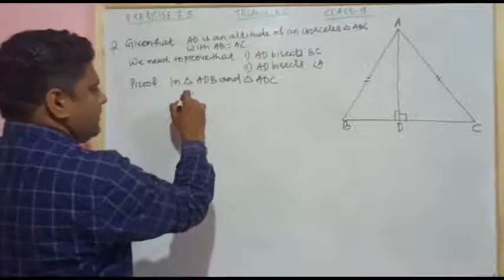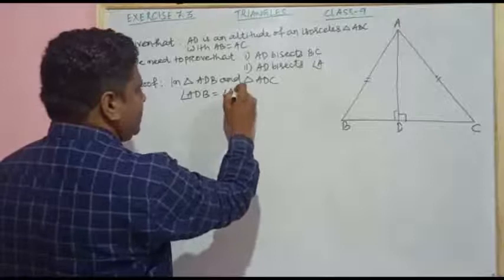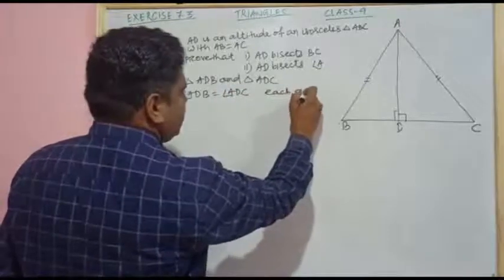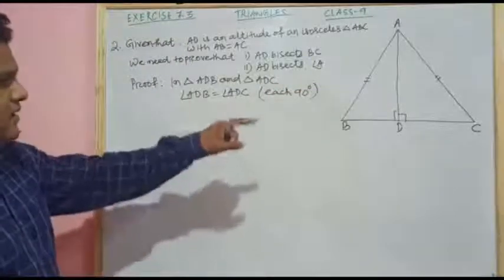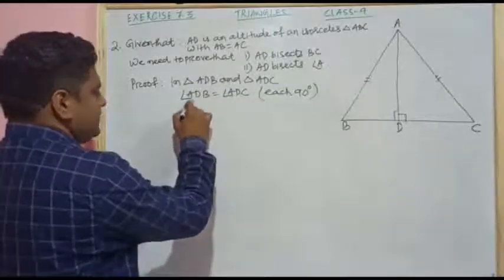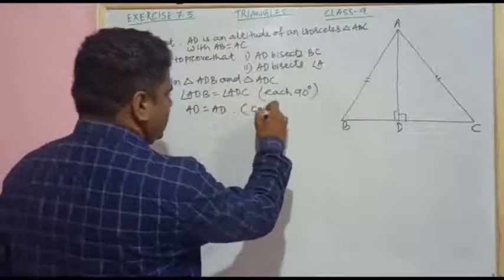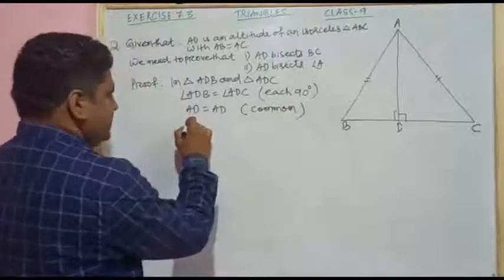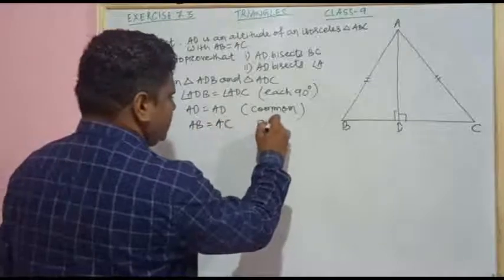We can write angle ADB is equal to angle ADC, each 90 degrees. Both are 90 degrees because AD is an altitude of triangle ABC. Next, AD is the common side. AD is equal to AD. It is common for both triangles. And AB equal to AC. It is given.